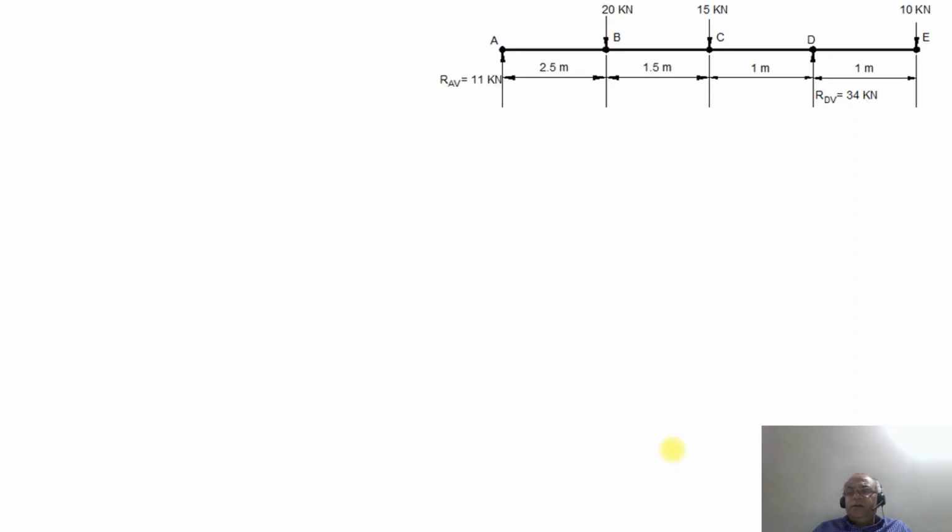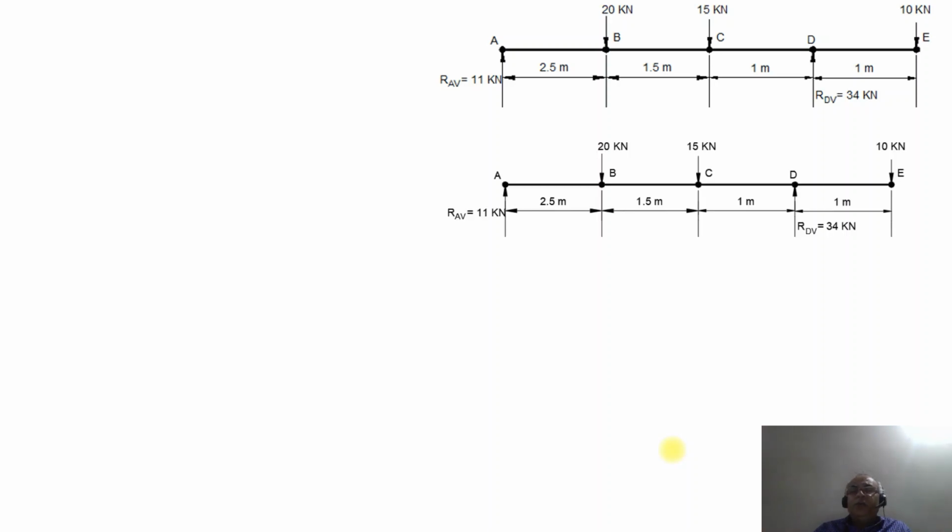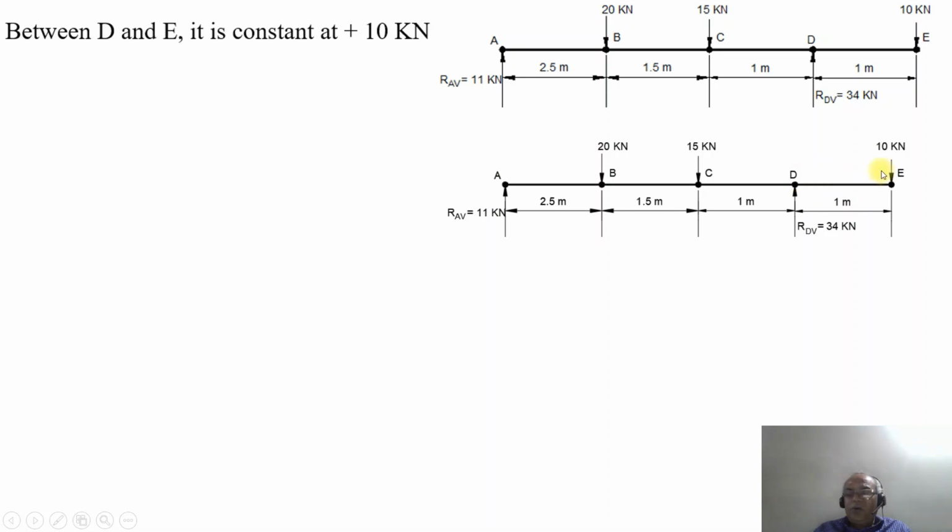Then we will consider the point E now, between D and E and also at the point E, that point load. Between D and E, as there is no other load acting, the shear force remains constant at plus 10 kilonewton.